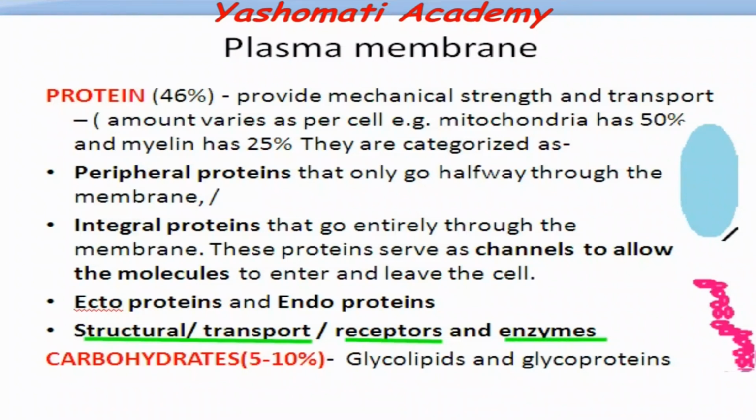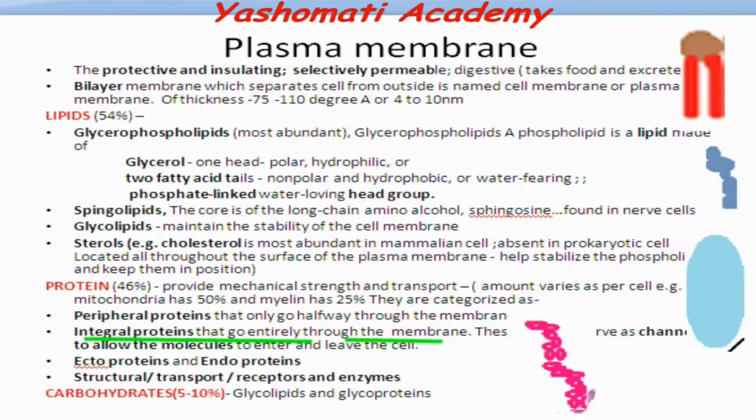Carbohydrates are of two types only, that is glycolipids and glycoproteins. If a carbohydrate is attached as a side chain to a lipid, it is called a glycolipid. If it is attached to a protein, it is called a glycoprotein. With this, we have studied the structure of the plasma membrane.